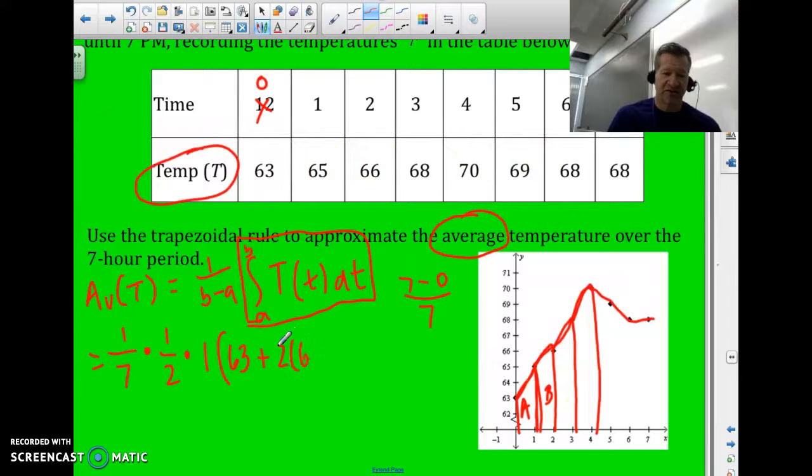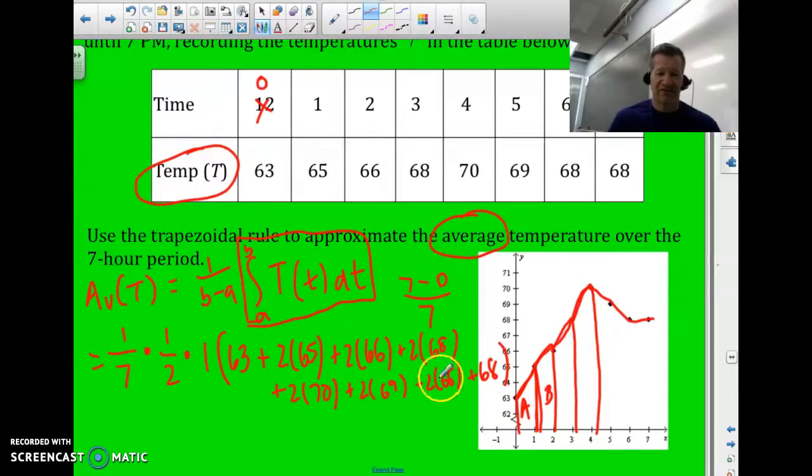So 2 times 65 plus 2 times 66 plus 2 times 68, and so on as we go through this whole thing. So 2 times 70, 2 times 69, 2 times 68, and then finally that last 68 is only used once. Again, notice 7 trapezoids, but 1, 2, 3, 4, 5, 6, 7, 8 things that we're adding up.